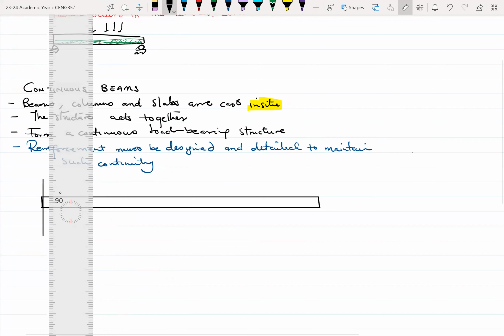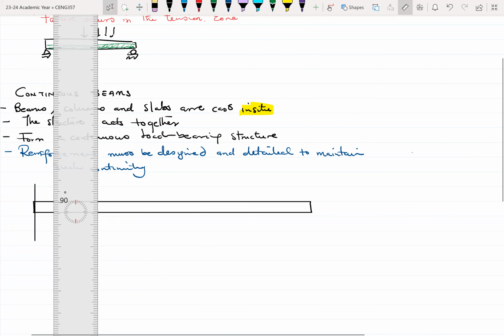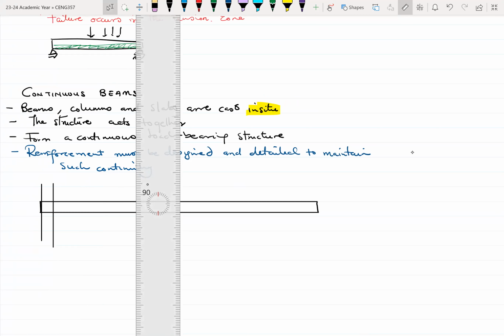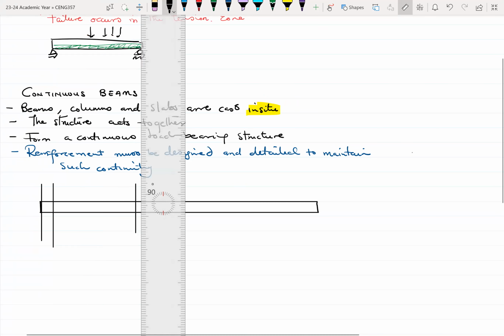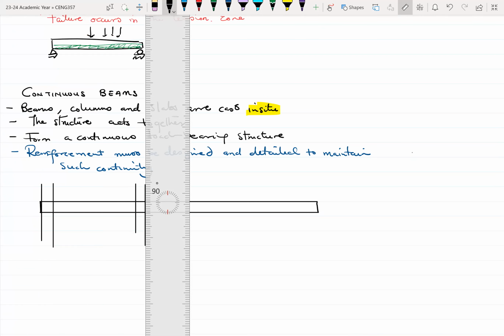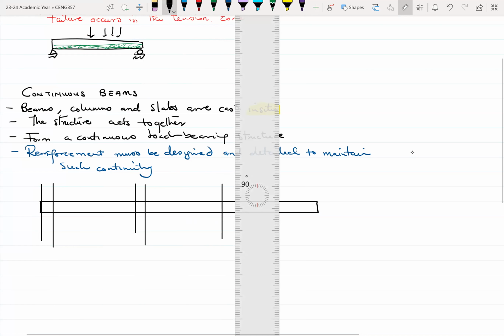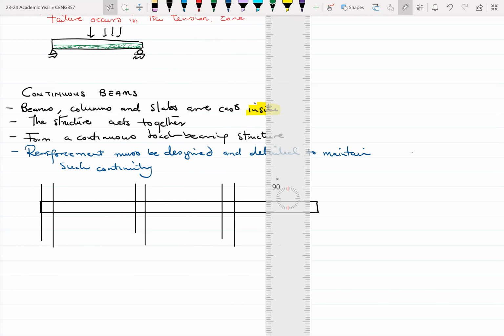Let's say we have columns going along the span. My drawing might not look too accurate, so don't hold me to it, just to explain an idea.